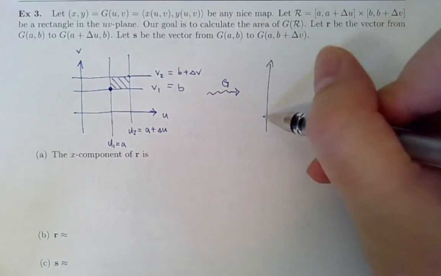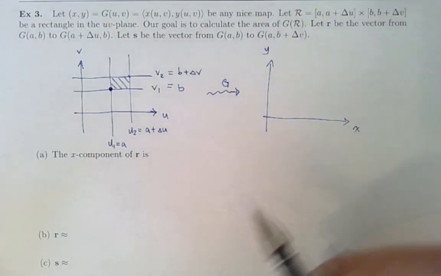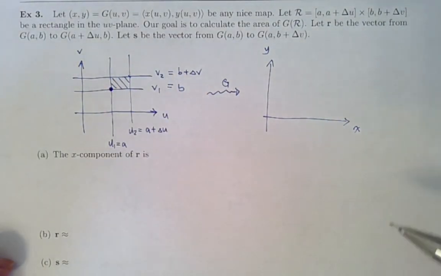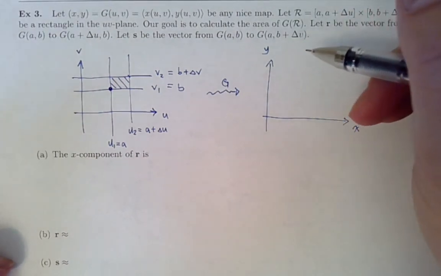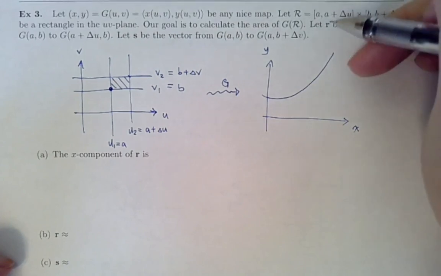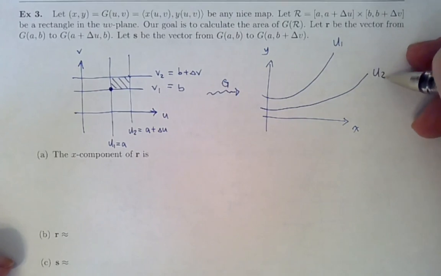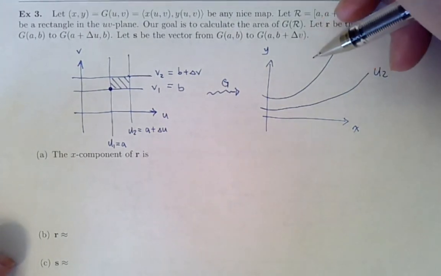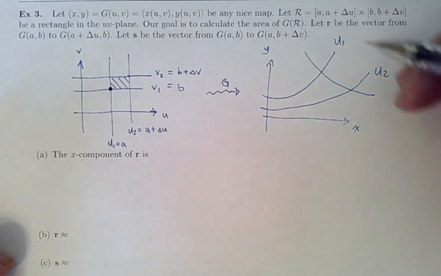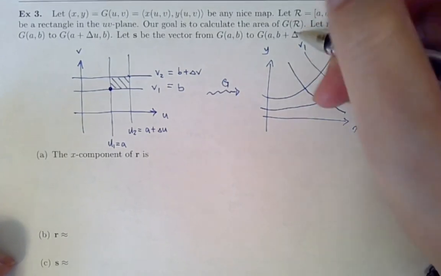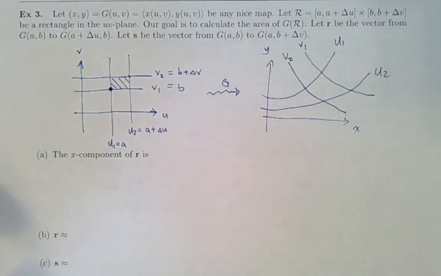to the XY plane. Now we don't know the specific lines, but we see these 4 lines. I'll draw them sort of generically. So let's say maybe something like this. This is U1, and then maybe something like this, U2. Draw something like this as V1, something like that for V2. So my point is that I'm trying to draw it sort of curved, and maybe everything is flipped around and everything like that.